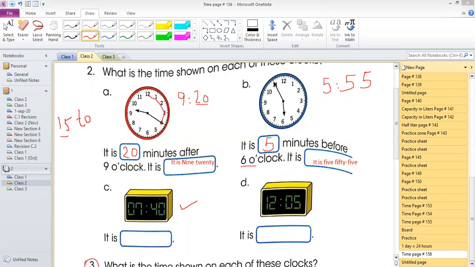Amal, yes. What time is it? How to write? What should I write here? It is 7:40 in words. Tell me the spelling. Seven. Four. Forty.